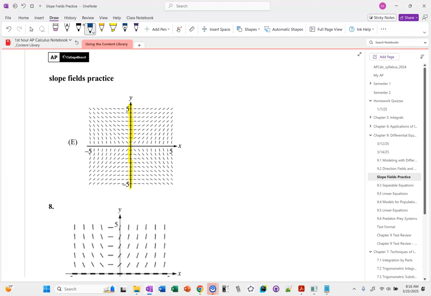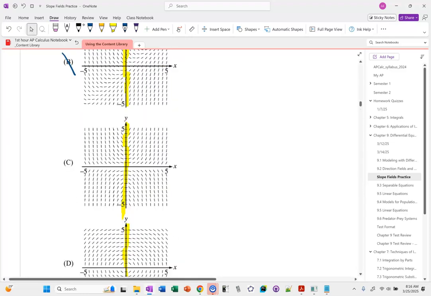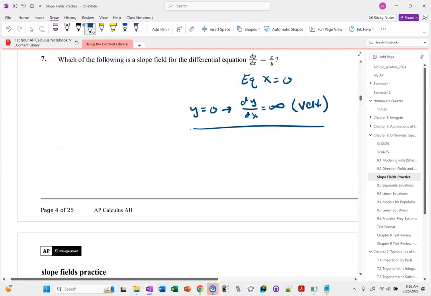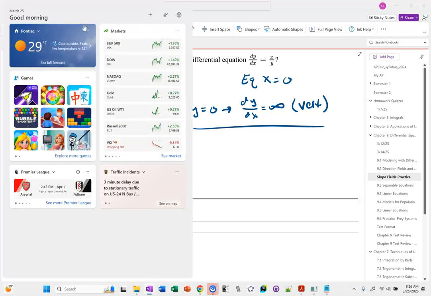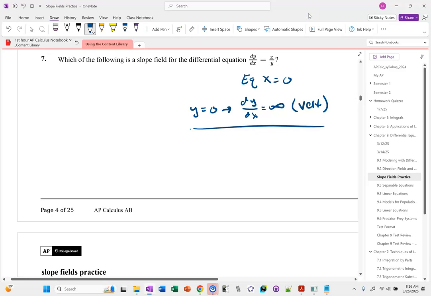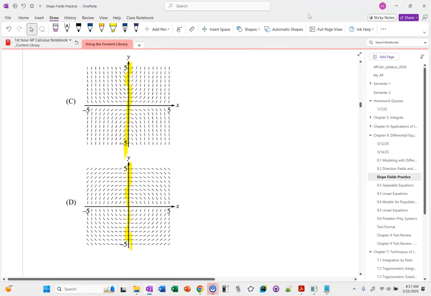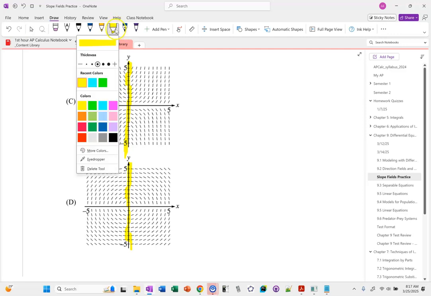Now let's look at the y parts. My analysis also showed that when y is equal to 0, I should get vertical slope lines on my slope field. Let's go look at our possibilities here. y equals 0.